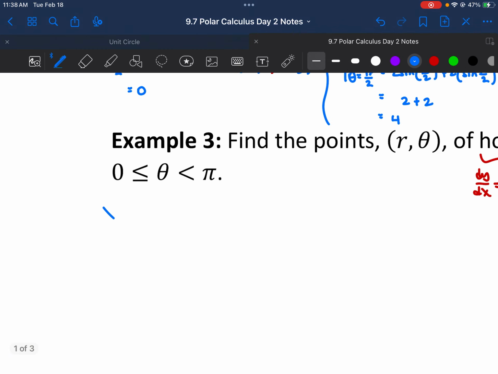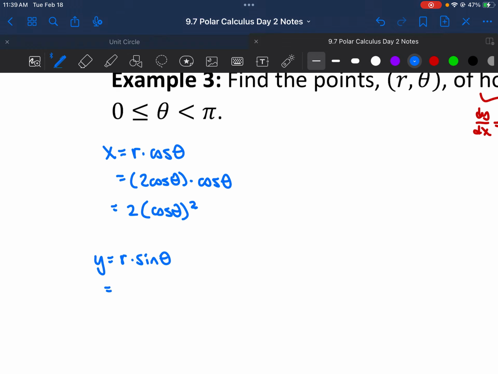That's 2 cosine of theta squared. Now let's get y. y equals r times sine of theta. That's going to be 2 cosine of theta times sine of theta, which you can't really simplify, just 2 cosine theta sine theta. All right, not a lot to do there.